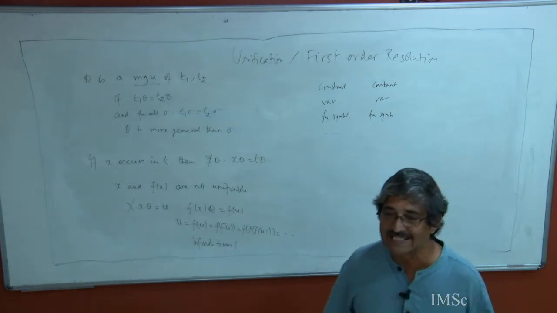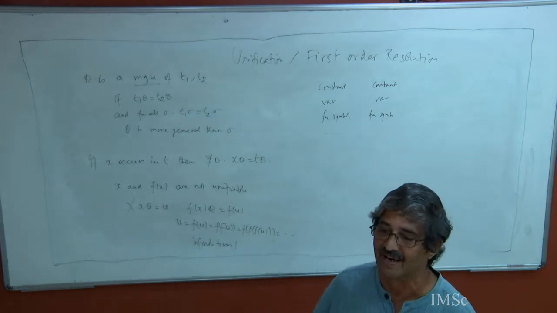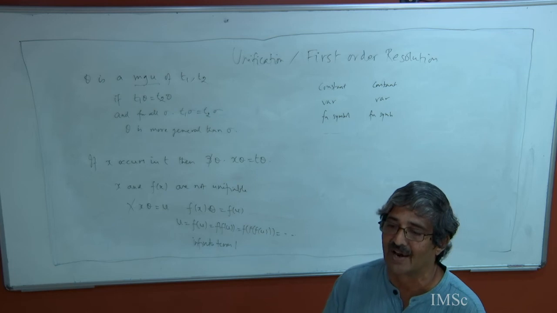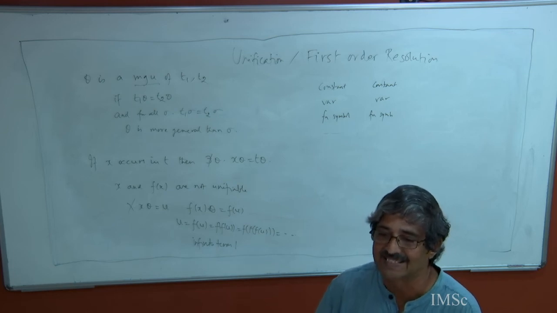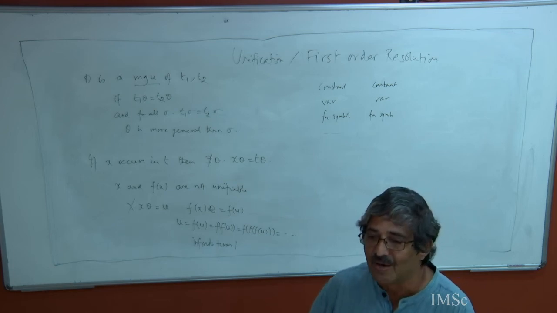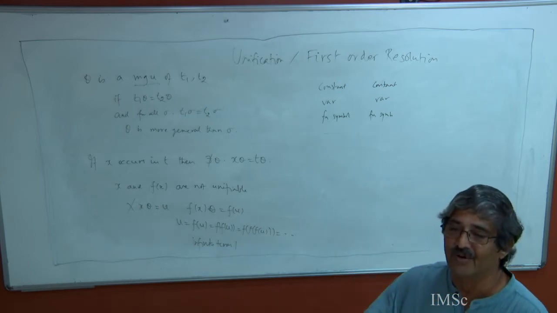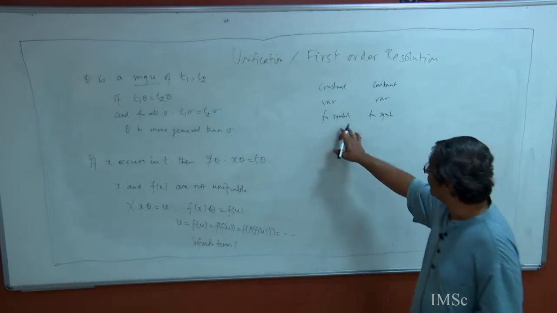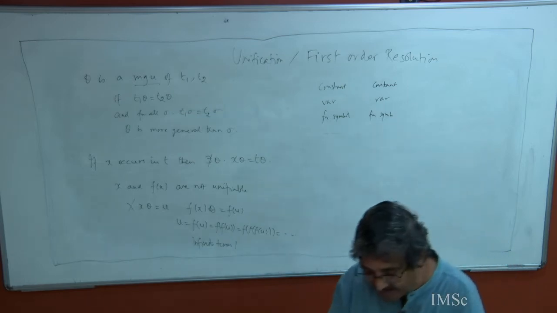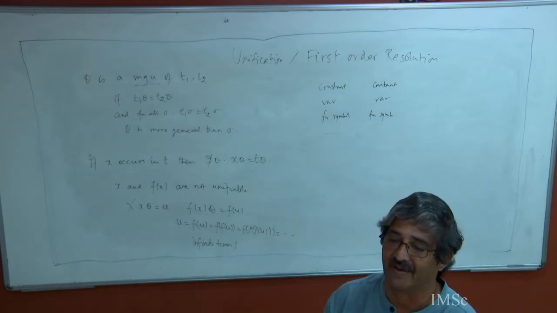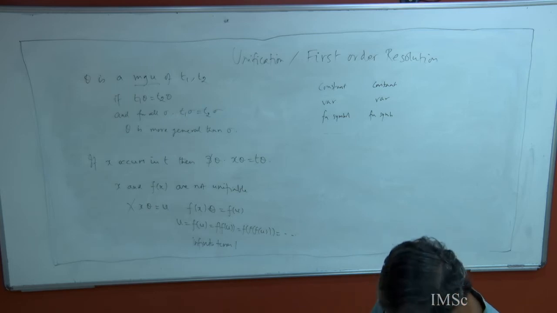So there are 9 cases that you have to look at, but most of them are trivial, because distinct constants cannot be unified, and distinct function symbols cannot be unified. So it's only a variable that can be unified with something, and for two function terms, these two must be the same function symbol, so you must recursively go inside and check for unifiability. That's really all you have to do.